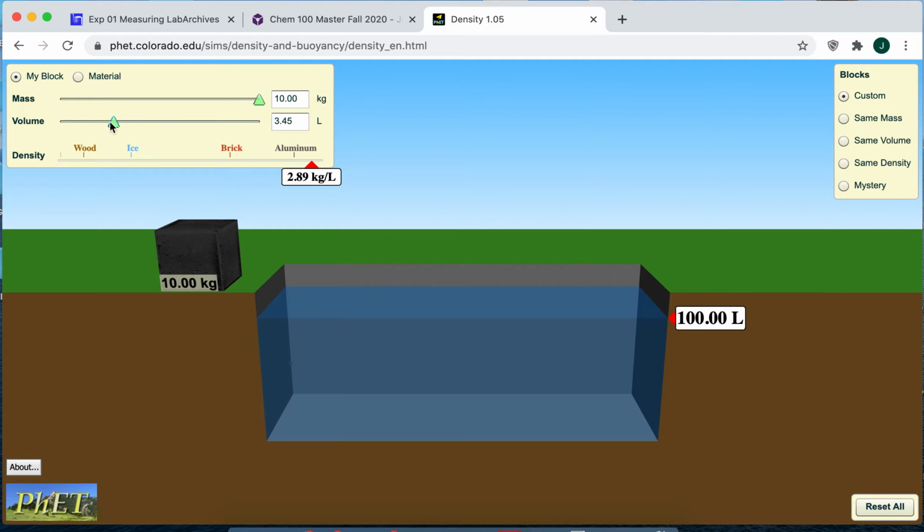I can adjust the mass all the way to the max and the volume all the way to the minimum, right? It's going to sink immediately. This piece has a density of 10.0 kilograms per liter. So you can compare: this block I just designed has very high density, so it's going to sink. Very low density, most of the time it will float.